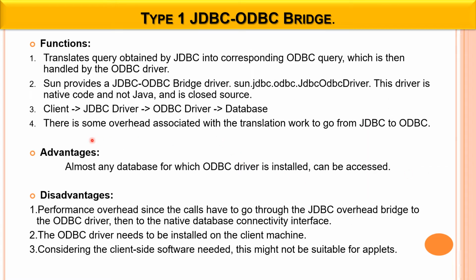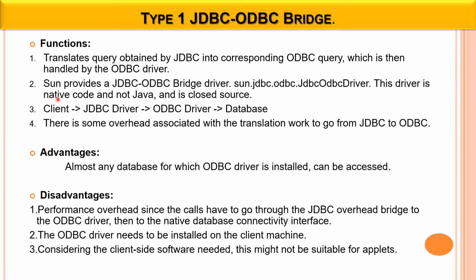Now, what are the functions of this first type? It translates the query obtained by JDBC into the corresponding ODBC query, which is then handled by the ODBC driver. Sun provides this JDBC-ODBC bridge driver, that is, sun.jdbc.odbc.JdbcOdbcDriver.